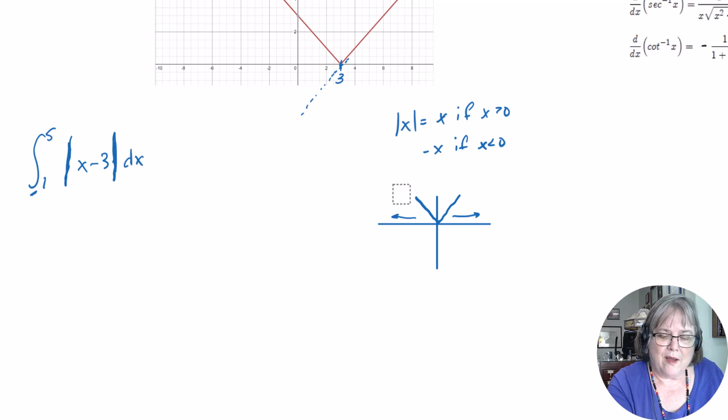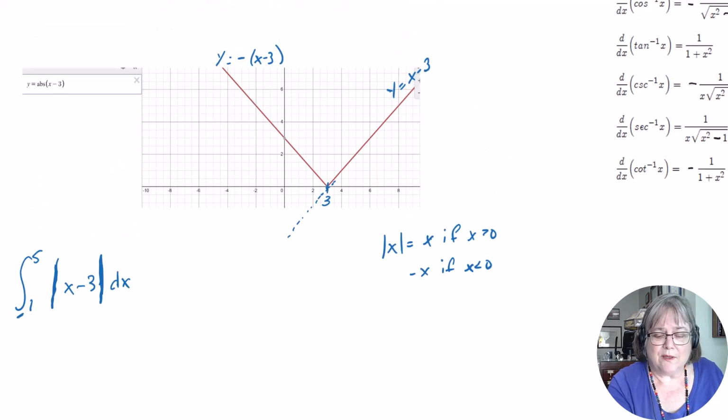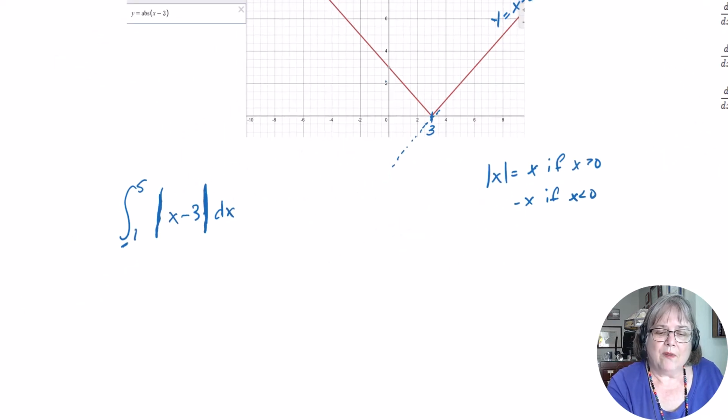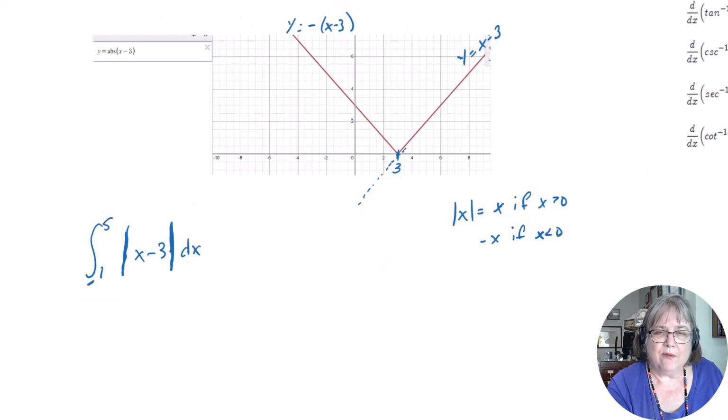So what you have to do if you have an absolute value sign is I would suggest that you graph it. This portion that's positive is just the function that was in there. And this portion on the left that slopes down is the negative of what you had in there. Since you have 2 different equations, you have to break this into 2 different sections.